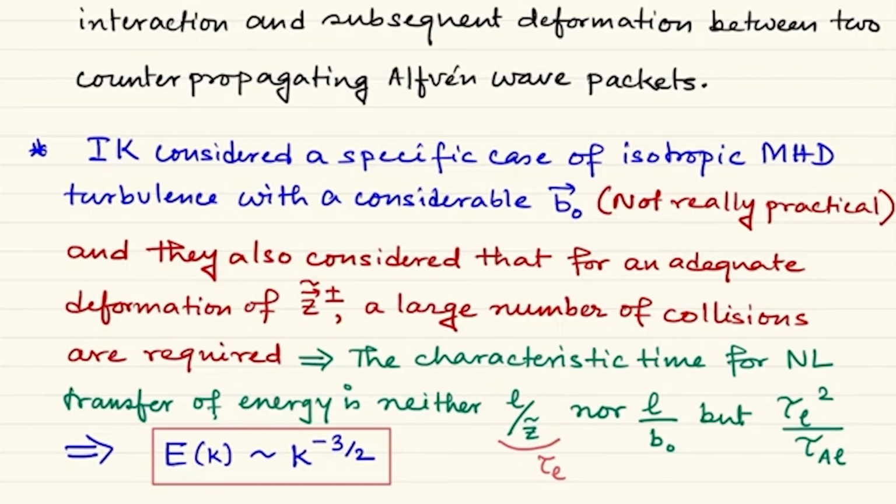And they also considered that for an adequate deformation of z plus minus, a large number of collisions are required. So this is the fundamental difference between hydrodynamic turbulence and MHD turbulence. In hydrodynamic turbulence, one eddy got fragmented into two, as I said.